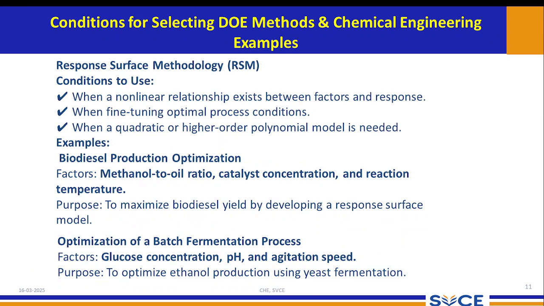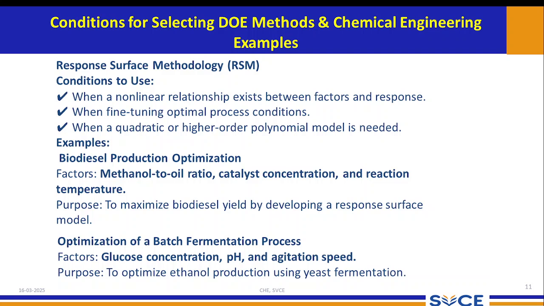When do we need to go for response surface methodology? When a non-linear relationship, underline the word non-linear, exists between the factors and the response. So what are the factors? Independent variables, right? The factors are, let's say, temperature and pressure, all independent variables. The response is the output, that is the dependent variable.